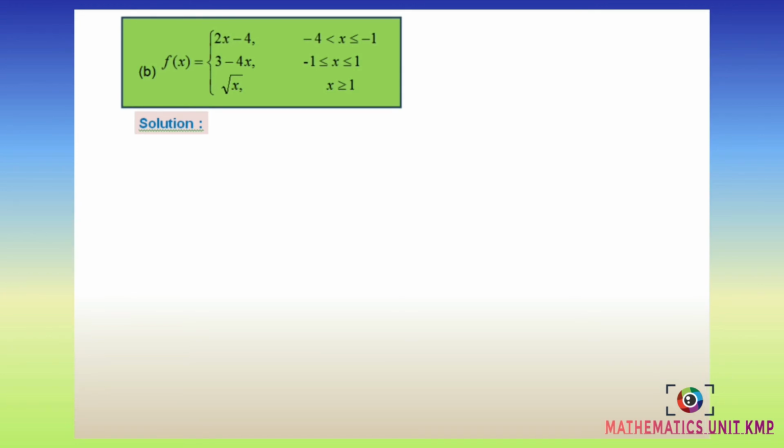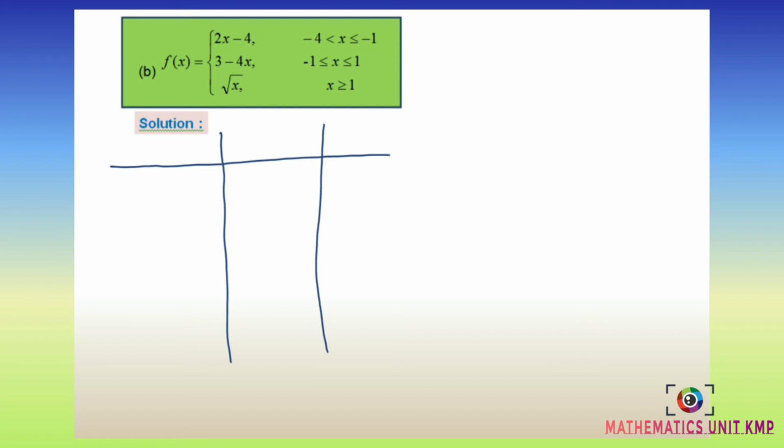Now we divide the table into three columns. In the first row, we write the interval of x: first, x greater than -4 and less than or equal to -1; second, x greater than or equal to -1 and less than or equal to 1; and third, x greater than or equal to 1.